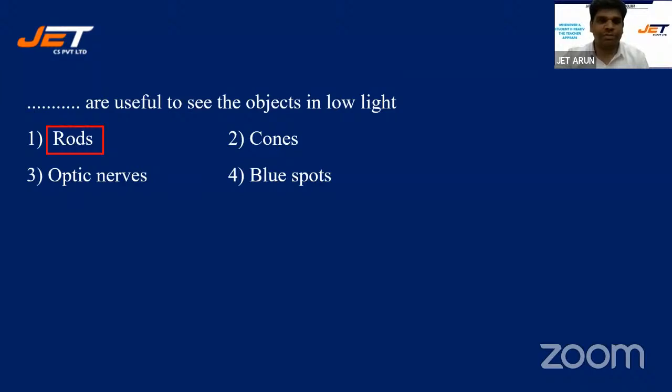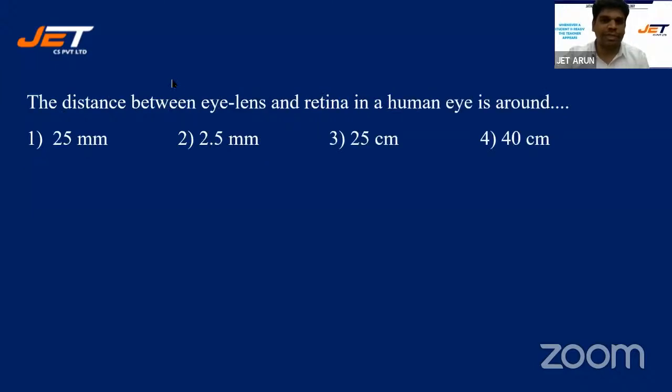Yes, rods are useful to see the objects in low light. Look at this one. The distance between eye lens and retina in the human eye is around 25 mm, 2.5 mm, 25 centimeters, 40 centimeters. That's huge.